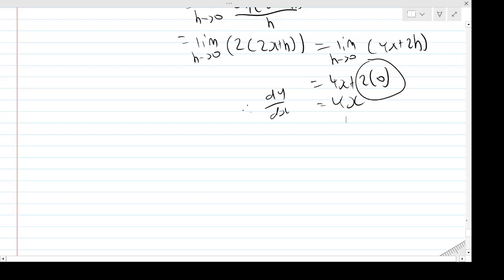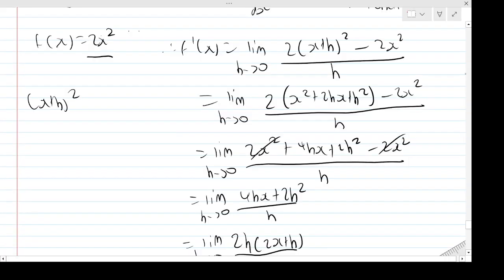Then h goes to 0, and you get the final answer. You should never try and divide by 0. Never ever divide by 0. Try and simplify first before you try and divide by 0. So that's it for this section, and I'll see you next time.